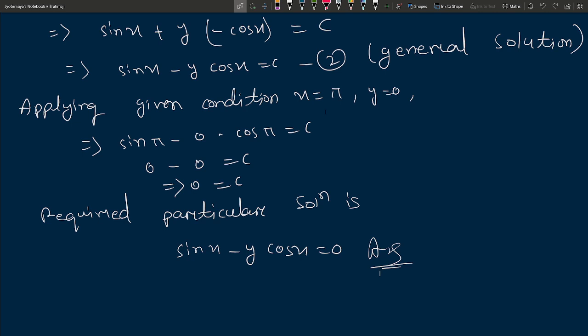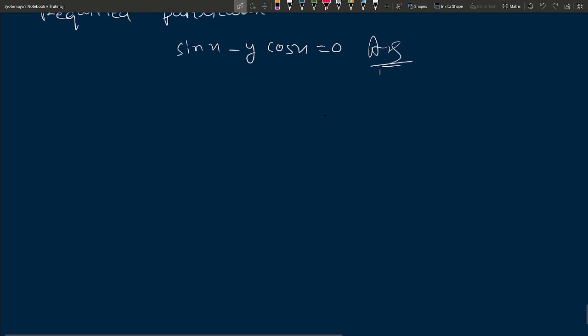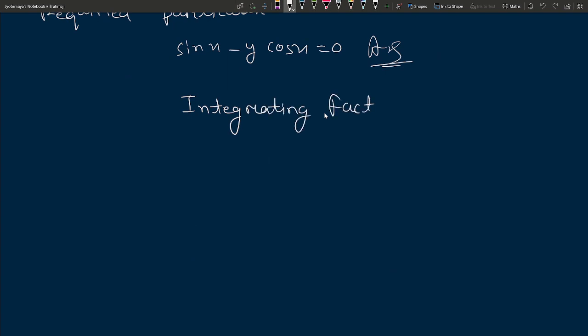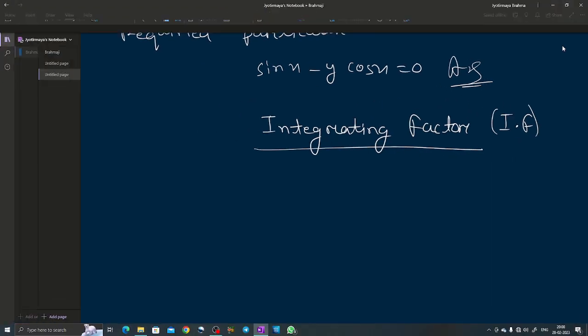In the next class we shall learn about the integrating factor, which we call IF. Integrating factor is a function which, when multiplied with a non-exact differential equation, makes that non-exact differential equation exact.